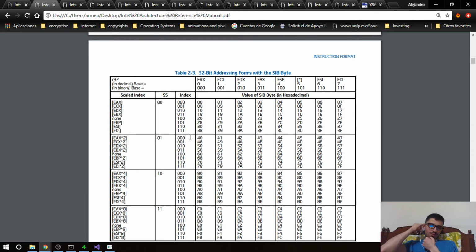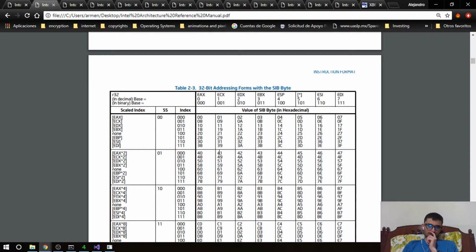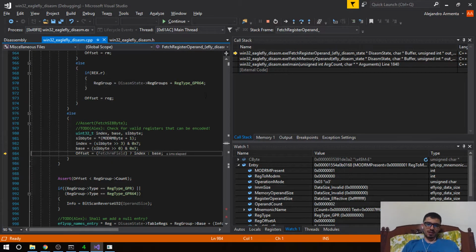We are going for the 32-bit addressing forms with the SIB byte there, which is good. We're going through this thing, which has the same idea. This is not going to have anything correct.